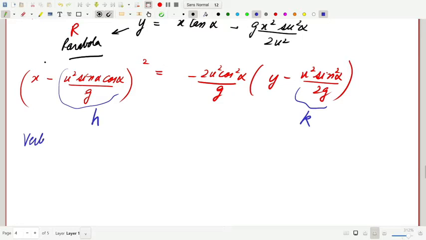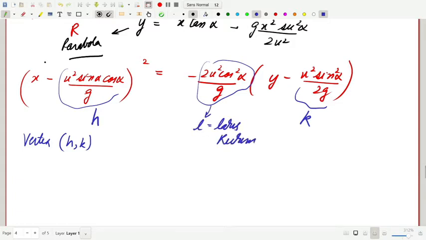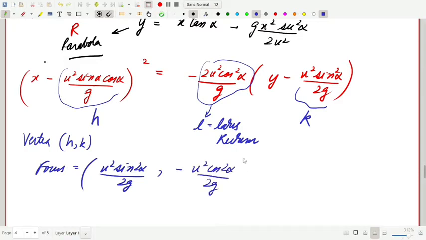Then if we take this quantity to be h and this quantity to be k, the vertex of the parabola is (h, k), and this quantity is L, the latus rectum. The focus which we get is u square sin 2 alpha over 2g, minus u square cos 2 alpha over 2g.